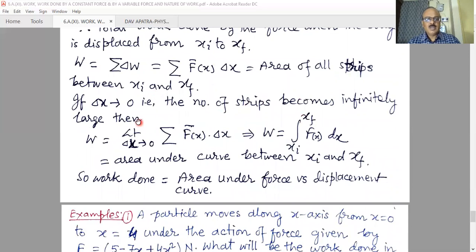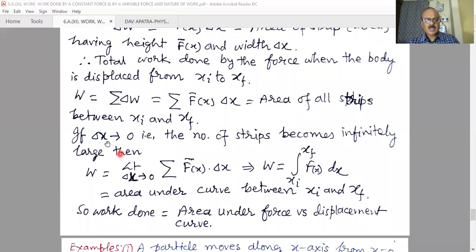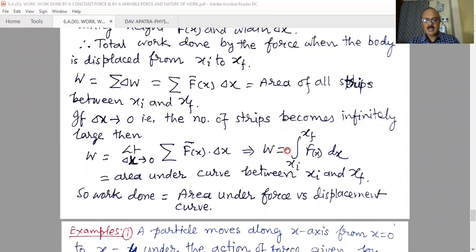And if we take delta x tending to 0, and the number of strips becomes infinite, in such a case we can use the symbol of integration, and at that time we can write the integral from xi to xf of F(x) dx.